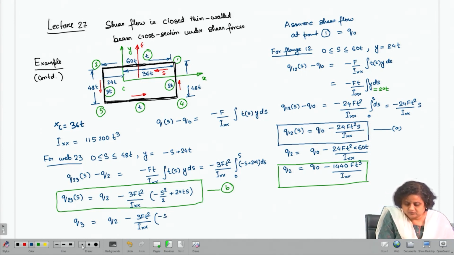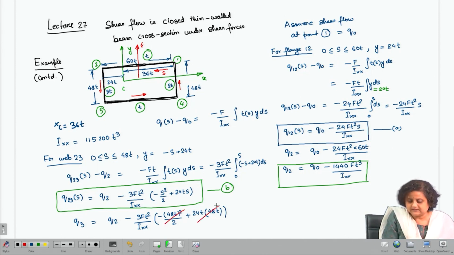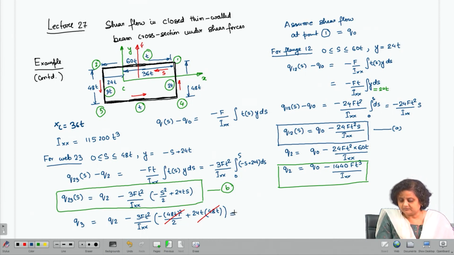so this is going to be minus 48 t whole square by 2 plus 24 t into 48 t. Now, this is going to cancel out with each other, and from this expression we will get Q3 is basically going to be Q2.